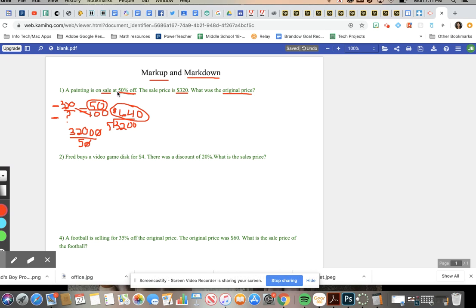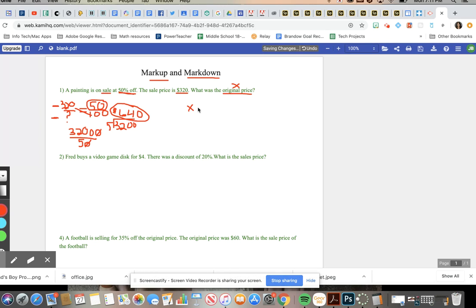So again, we know 50% off, that's the sale percentage decrease, and the sale price was 320. So the way that we can set this up with our equation is I'm going to put a letter in for the original price because I don't know what the original price is yet. I mean, we know it's 640, but if I was solving it this way, I wouldn't know yet. So original price is X. So I'm going to put my X here.